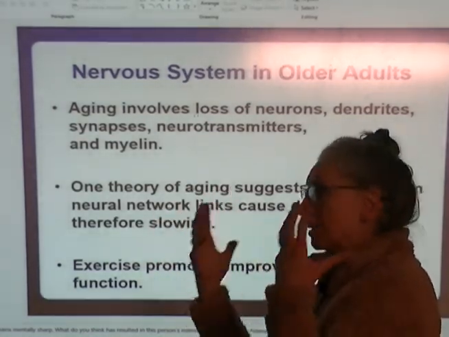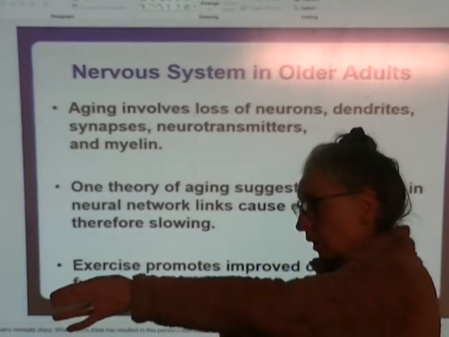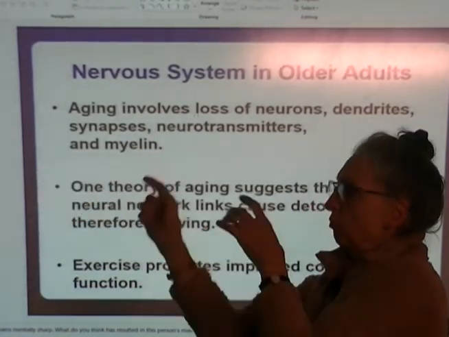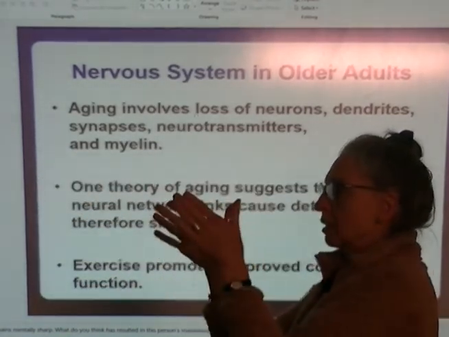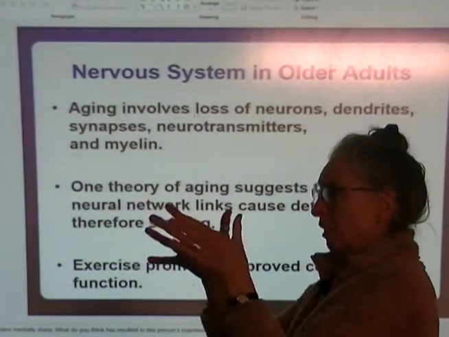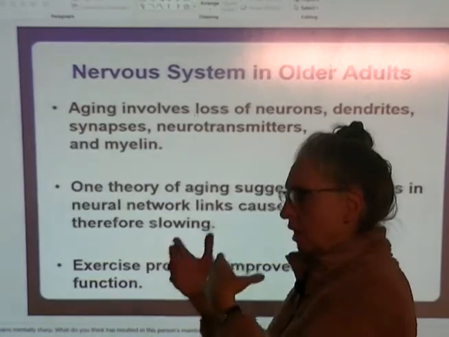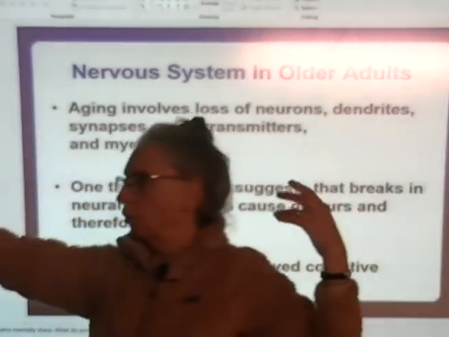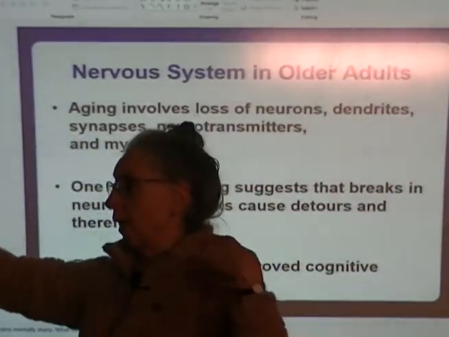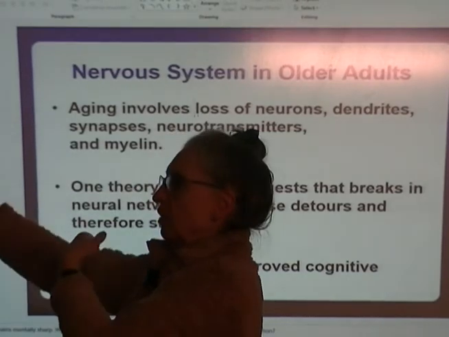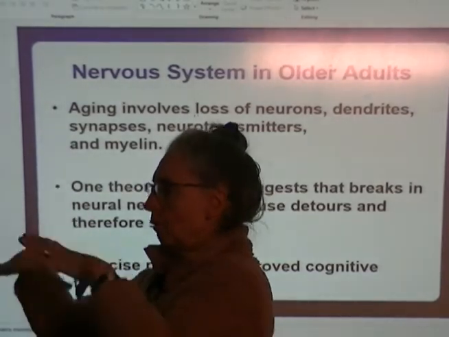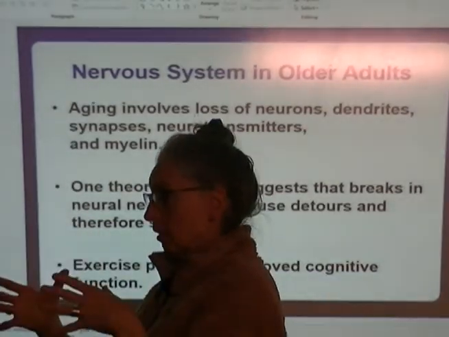Now, so far, unfortunately, that improvement in cognitive function is acute, it's finite, it doesn't last. I can't just exercise every day and have improved cognitive function for the whole day. It improves it for a period of time after the exercise.